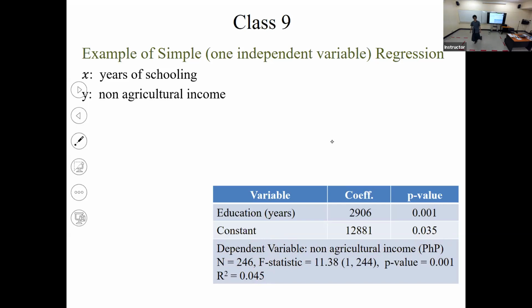You put the unit, otherwise it will be difficult to understand the coefficient. Then you have to show the sample size. You know your own sample size, because you are the master of your data set. Then F statistic and p-value. These are for the overall model, not for the specific variable.